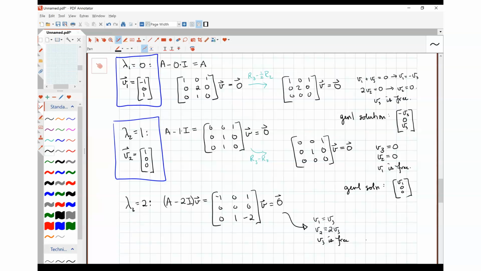So our general solution is V3, 2 times V3, and V3. So the simplest particular solution, I think, is probably 1, 2, 1 by setting V3 equals 1.